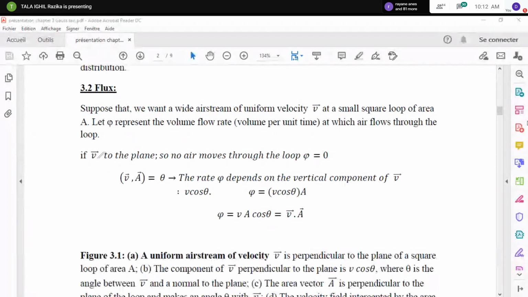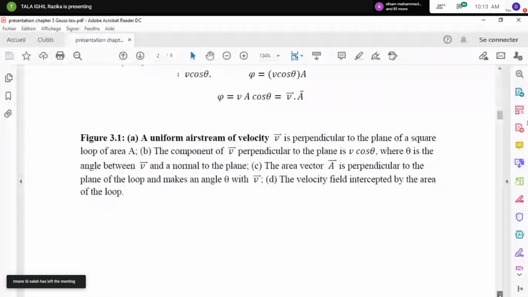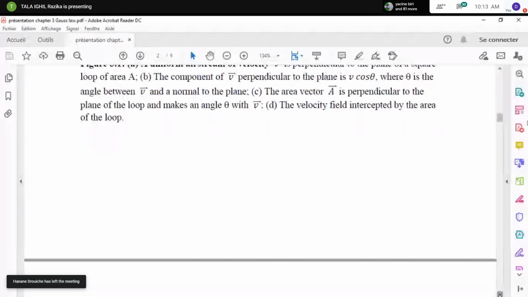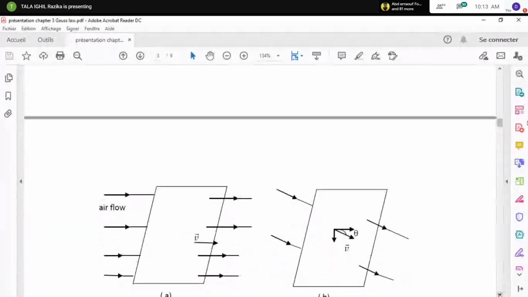If we have V, then we remark that according to the figure here, according to the angle between A and V, we have a certain intensity of the flux.